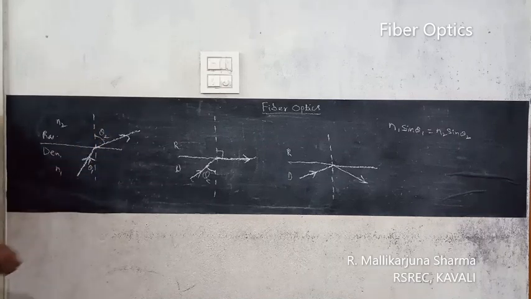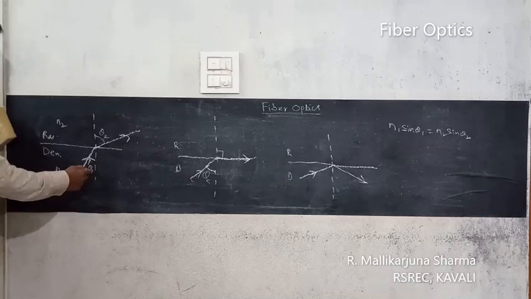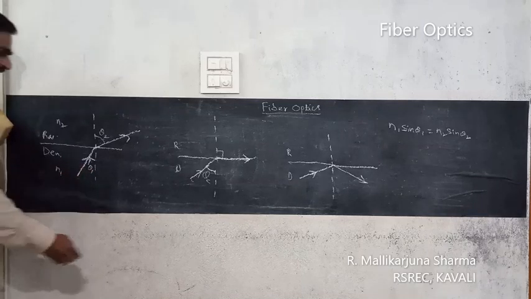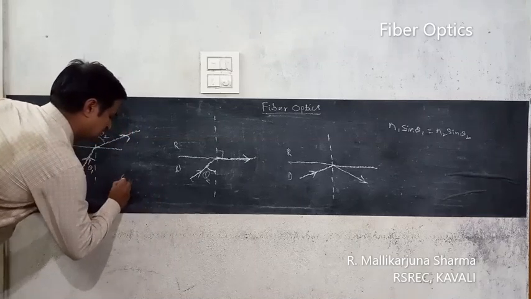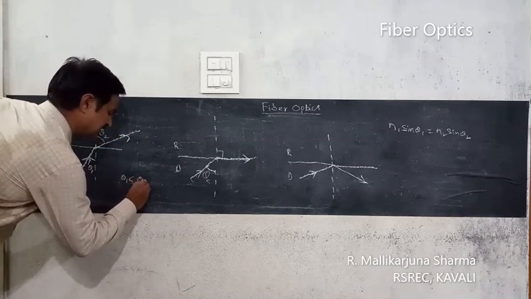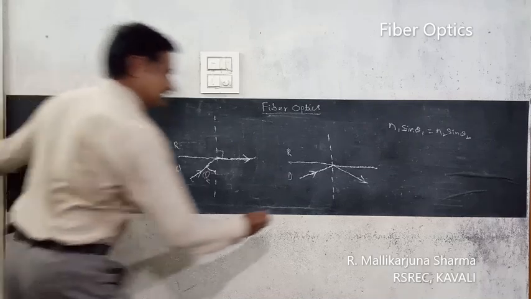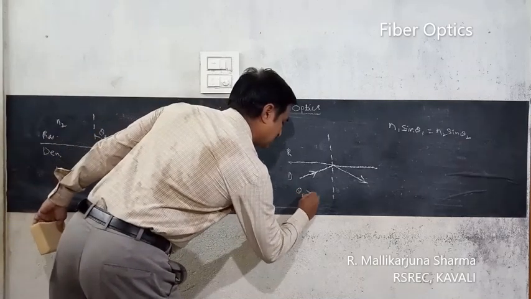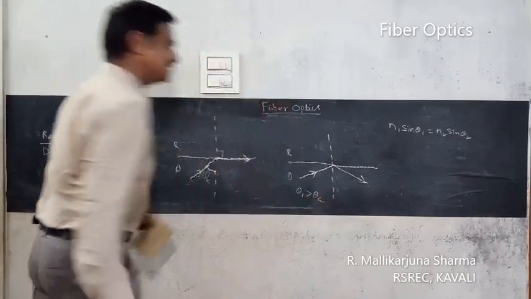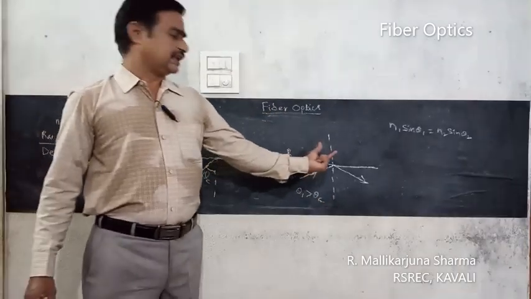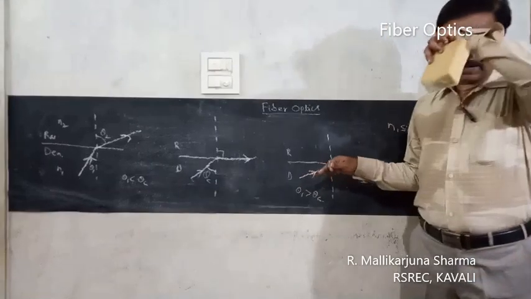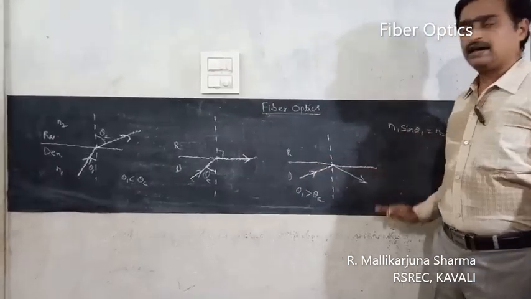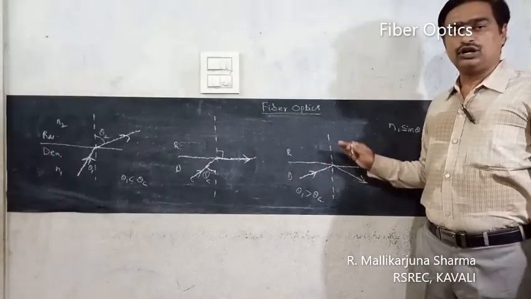Whenever this theta 1 is less than theta c, and this is theta 1 greater than theta c, this is the condition under which light is going to be propagated within the core medium. It takes place by multiple total internal reflections.